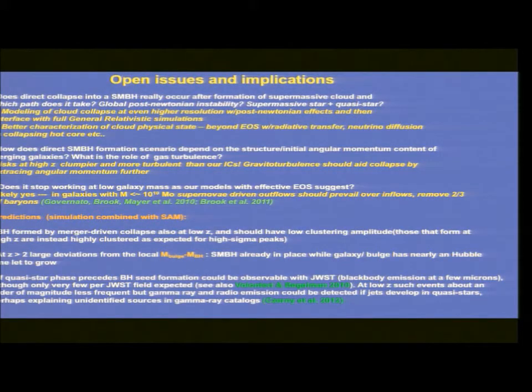So there are many other implications I couldn't discuss here. Let me just lay out some of them. Another implication, which is sort of obvious for all direct collapse scenarios, is that at the very time when you form the massive seed, you expect to have a high deviation from the local M-black hole and bulge relation. Okay?